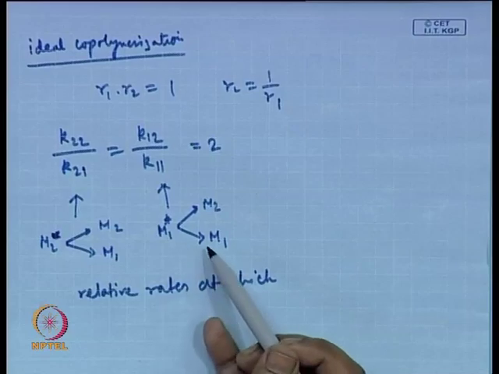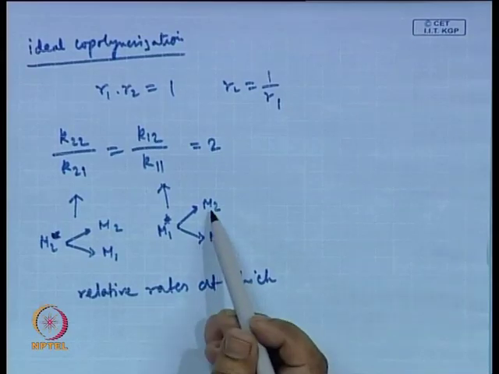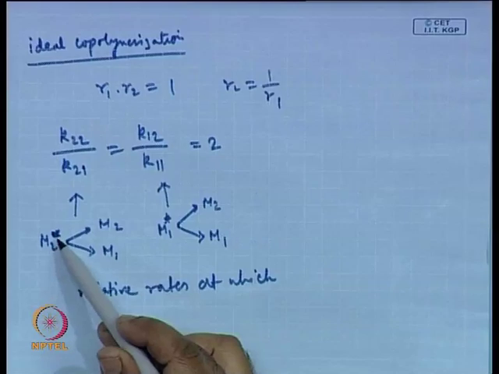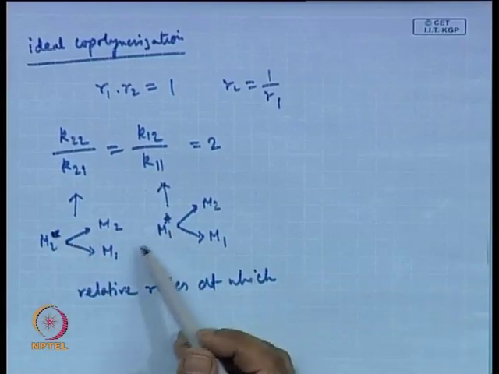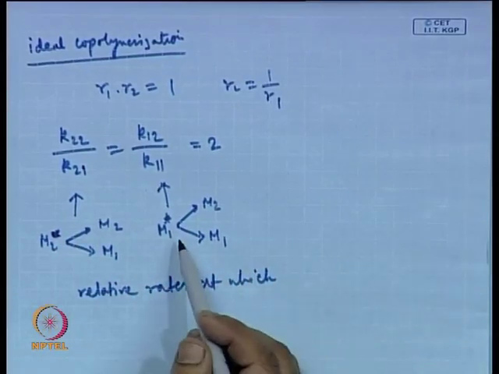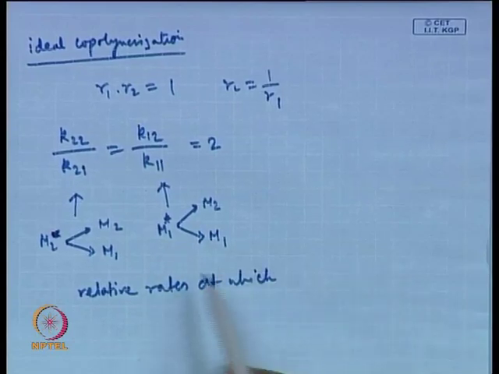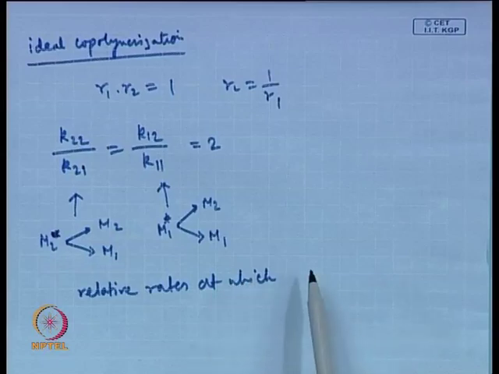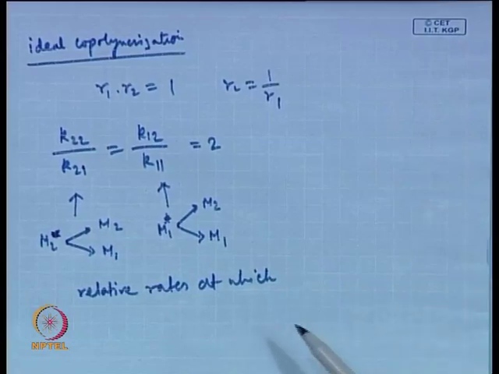That means, whether M2 will get added next to M2 star or M1 star is statistically the same. So, the sequence distribution of the repeat units in this copolymer is random. When you make this copolymer, at the beginning you will get more M2 incorporated in the copolymer chain, but the addition of M2 and M1 will be completely random.